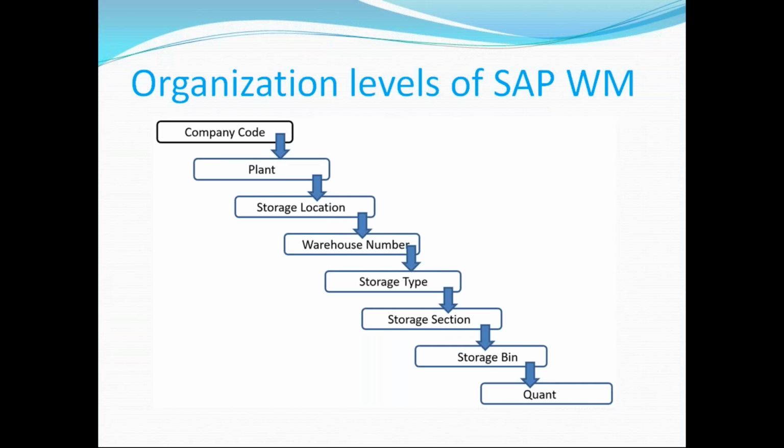Then we'll be dividing the storage type into various storage sections. What do you mean by storage section? Storage section is basically defined as a collection of bins that have similar characteristics. That means the storage section can be a fast moving area.